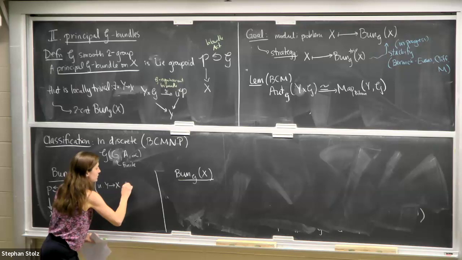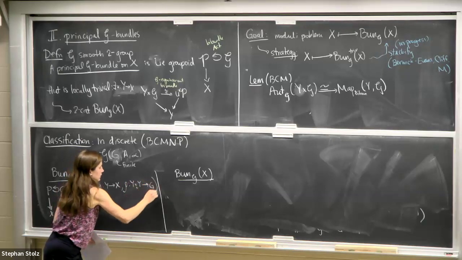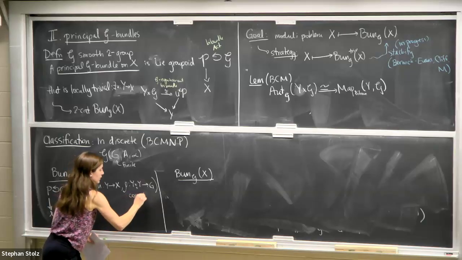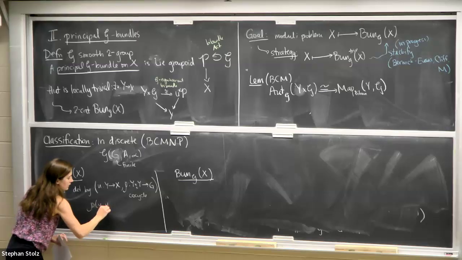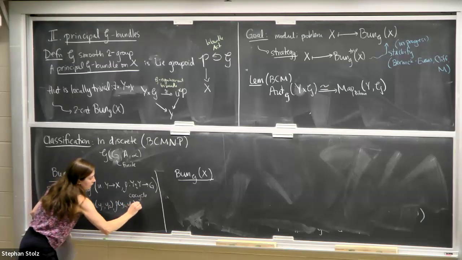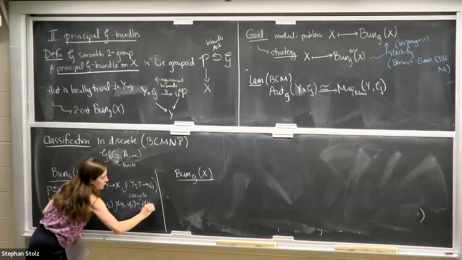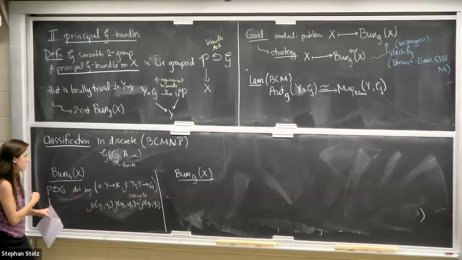So you can think of this as being a cocycle. Cocycle means that it satisfies rho of y1, y2, rho of y2, y3 equals rho of y1, y3. That's the classical story.